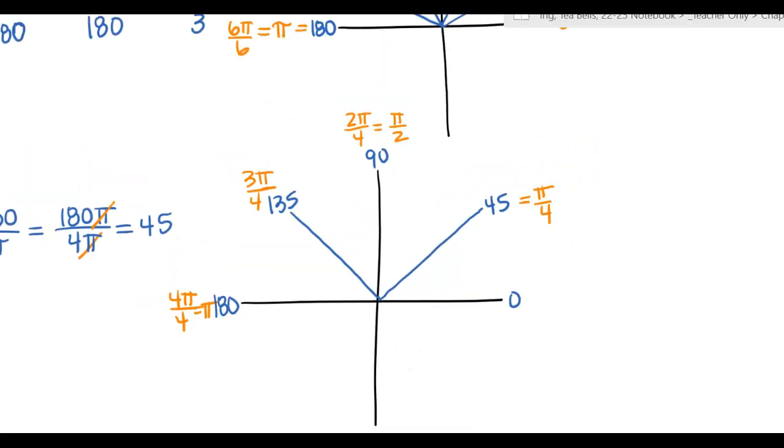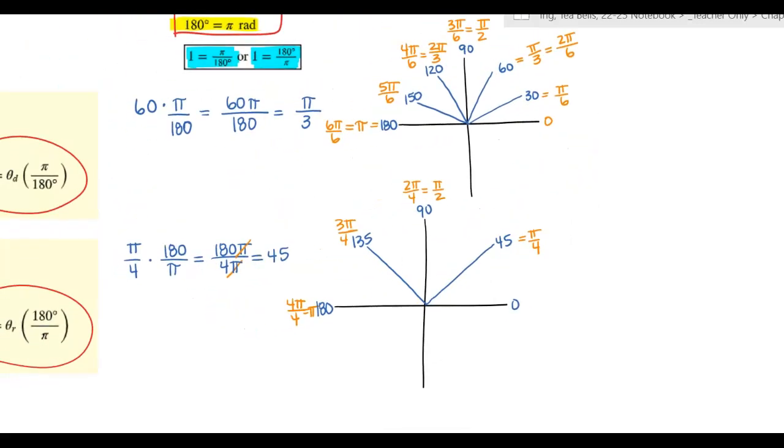So that's just the gist. We've seen these in degree measurements, but we're going to merge them together and think about all of our measurements in radians instead of degrees.